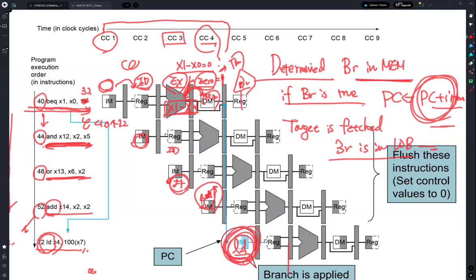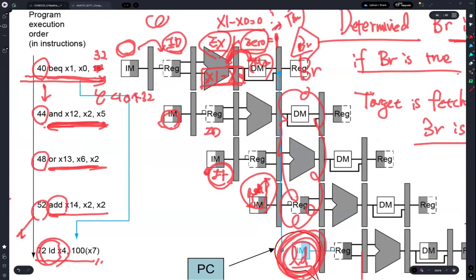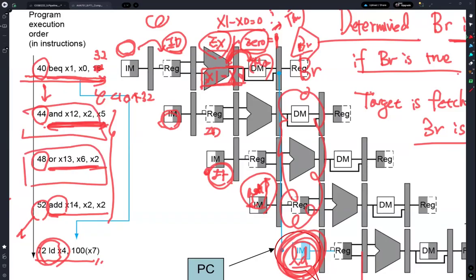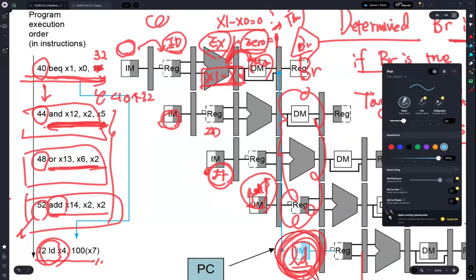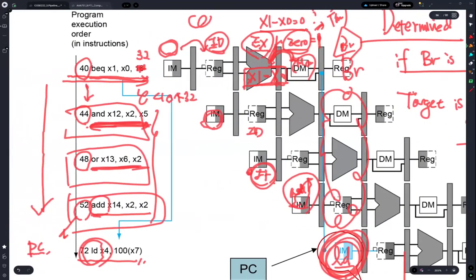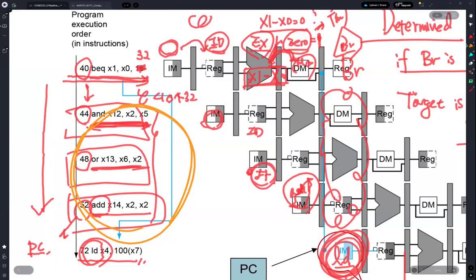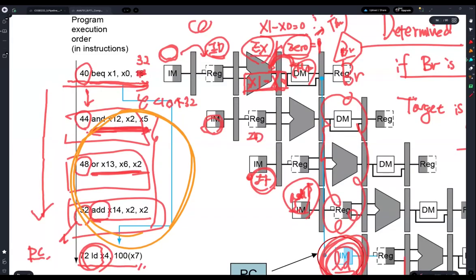So this is the correct instruction. The branch is here. How about these instructions? In this example, we can find that these three instructions, and, or and add, are fetched, right? Those instructions are fetched.